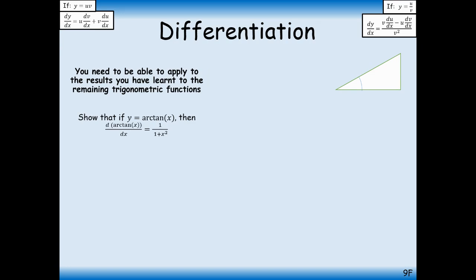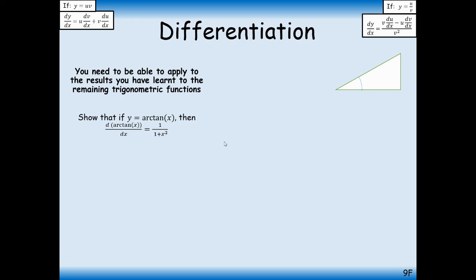Okay, so in this example, we have been given the answer to what the derivative of arctan is, and you would be able to find this answer in the formula booklet, but we still need to show how it's derived.